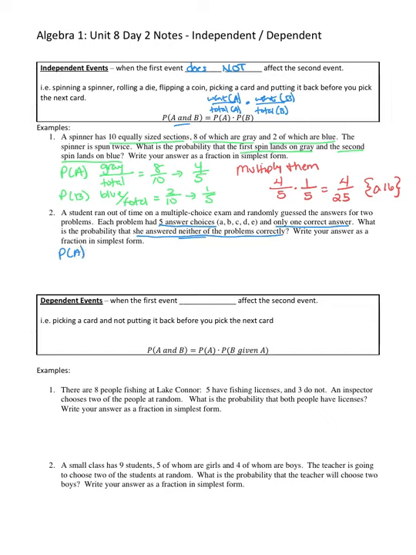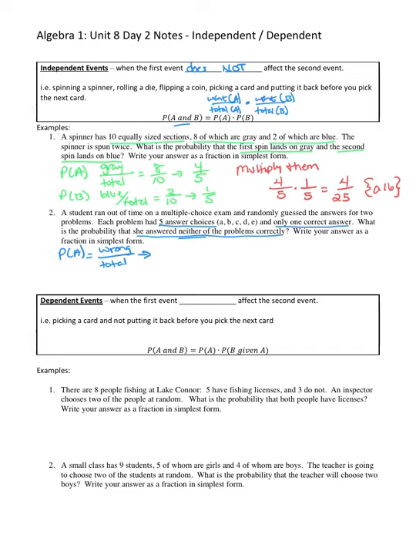Probability A is the first problem. There are 5 choices. And actually, let me do the words again, because I think it's easier for you to understand. You are looking for wrong answers out of total choices.